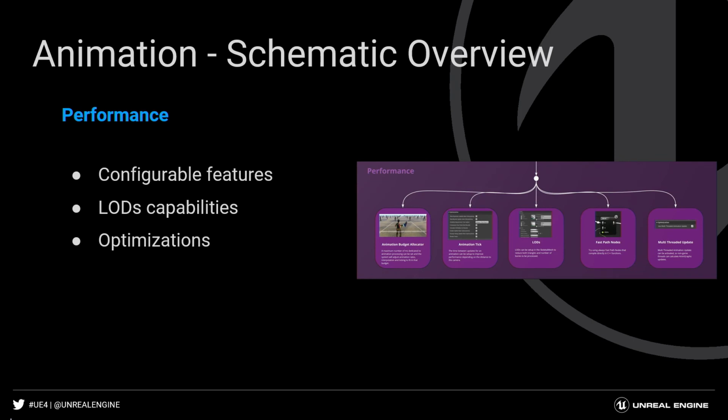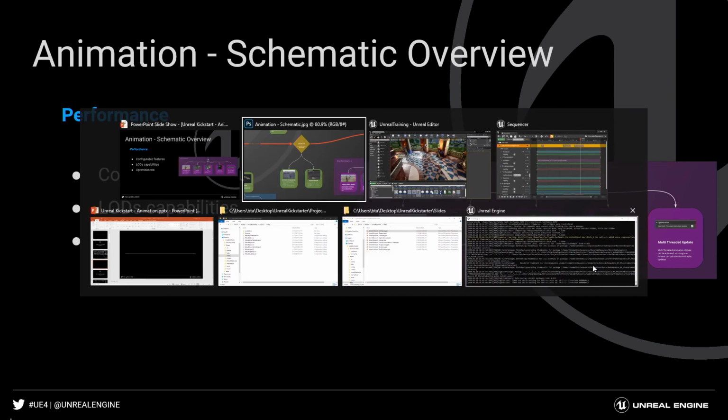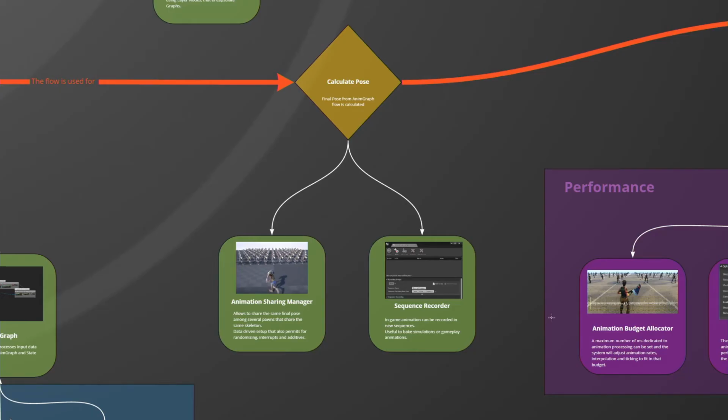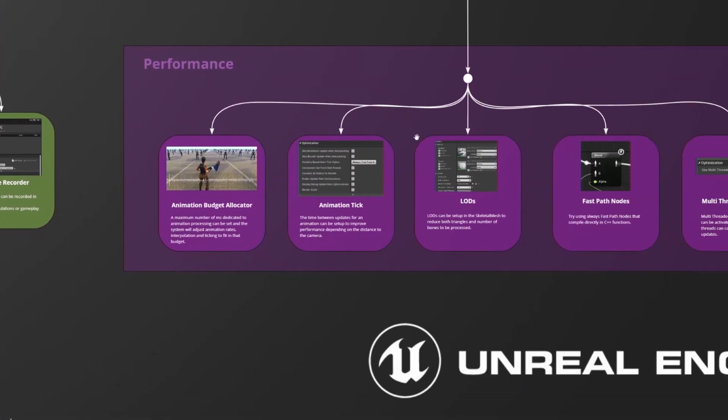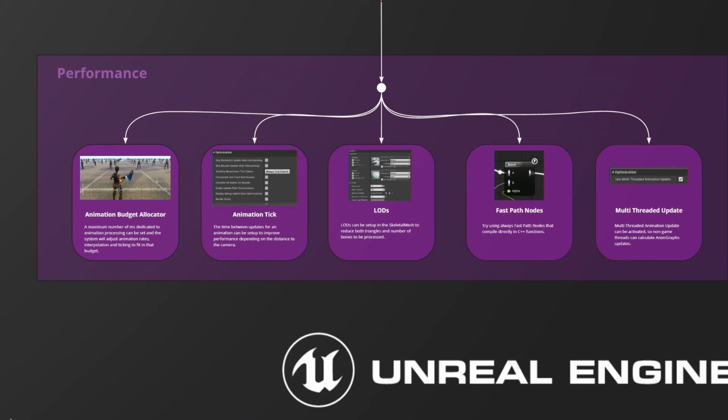And regarding performance, animation, depending on what we do, can be quite heavy, but we have several tools that we can use to reduce the impact of that. One is the animation sharing manager. We have a lot of skeletal meshes going on, but we also have the animation budget allocator, which is an amazing tool that will allow you to set a budget of time that you want to spend in animation.